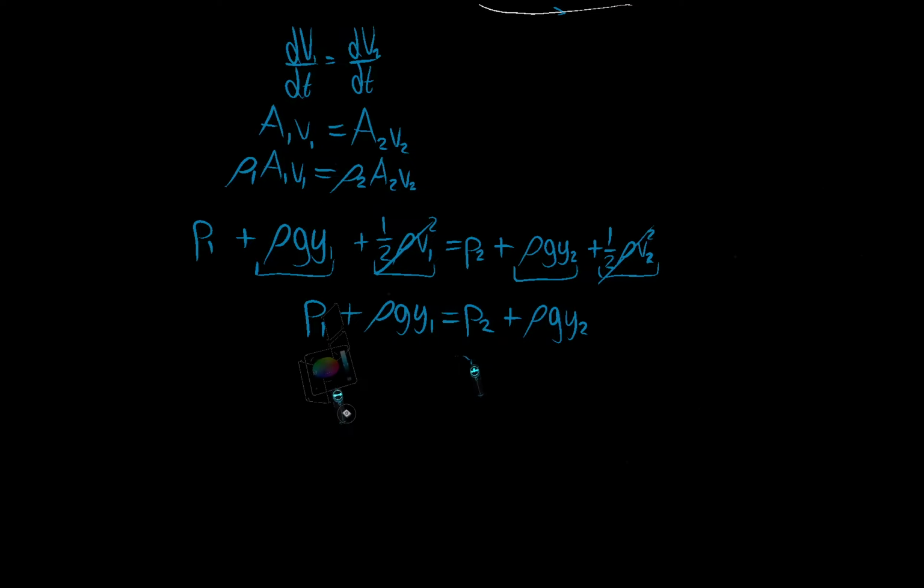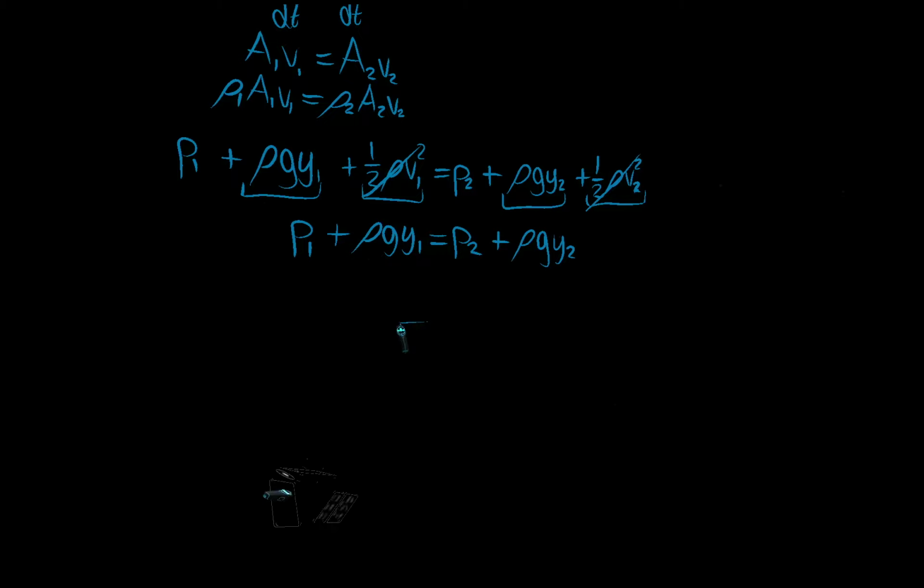And we can rearrange that and say P2 minus P1 is equal to minus rho g (y2 minus y1).